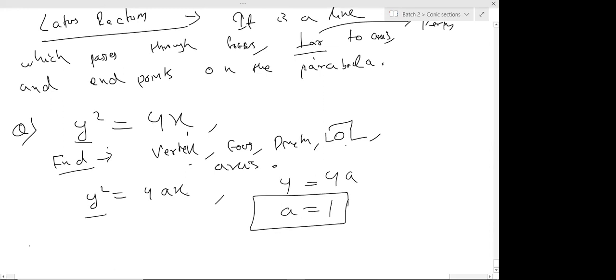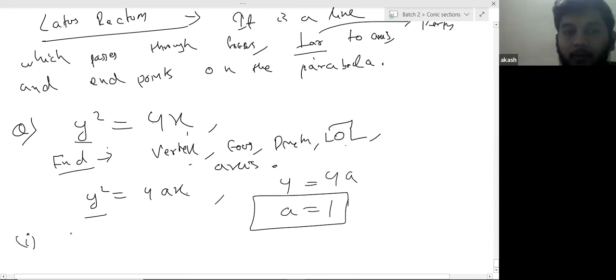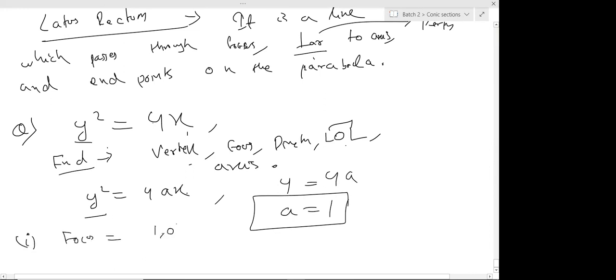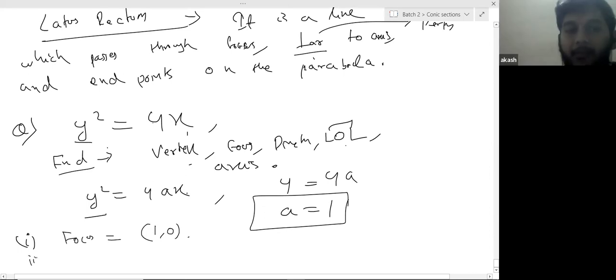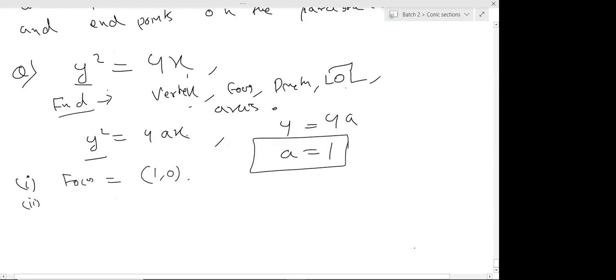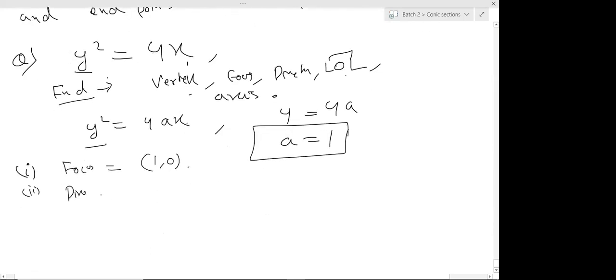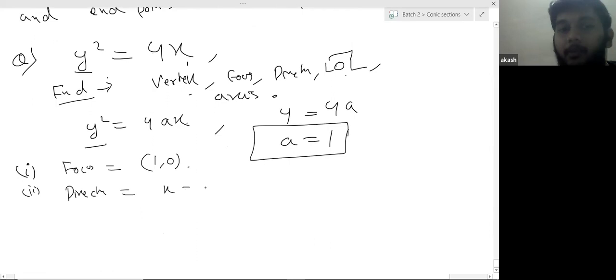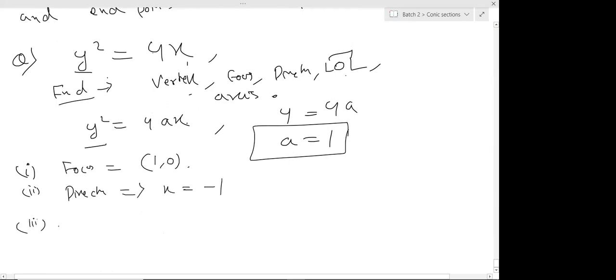And what is the focus? A comma 0, so it will be 1 comma 0. And directrix is x equals minus a, so x equals minus 1.